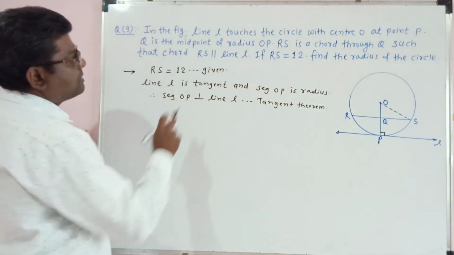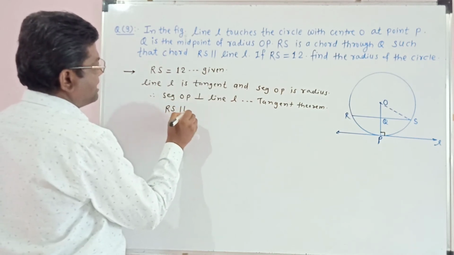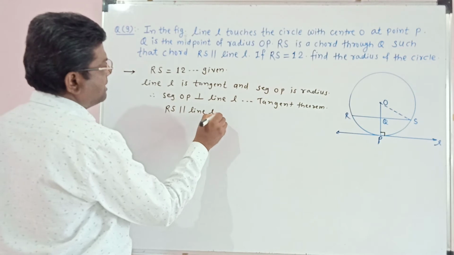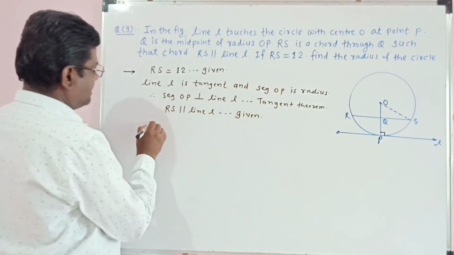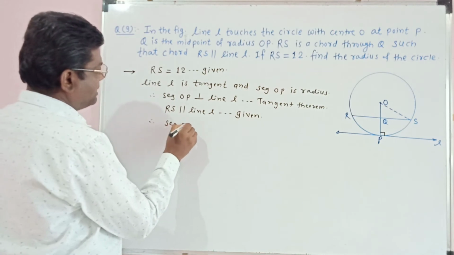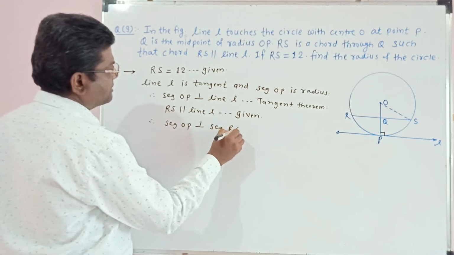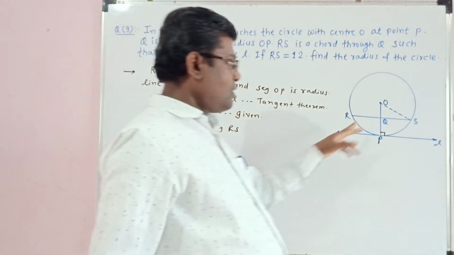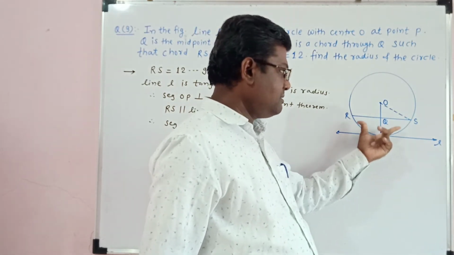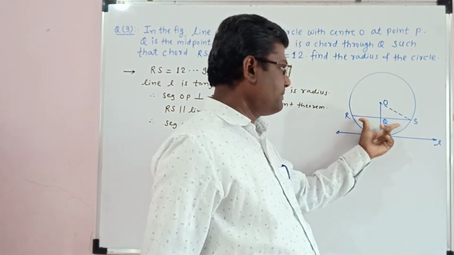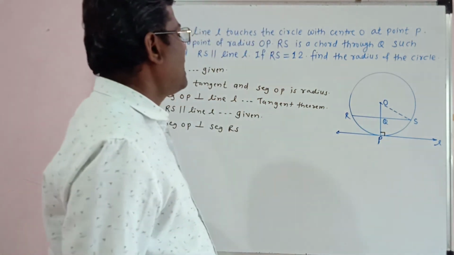Now we have given RS is parallel to line L. It is given. Therefore segment OP is perpendicular to segment RS. OP is perpendicular to line L, and line L is parallel to RS, so OP is also perpendicular to RS.